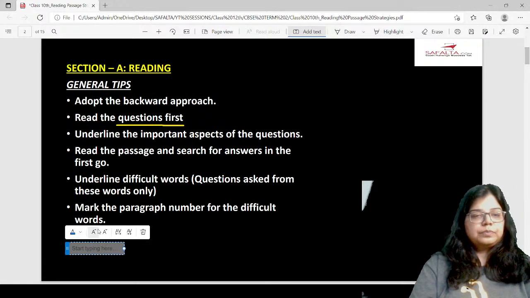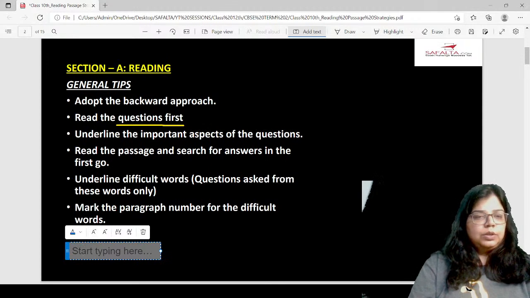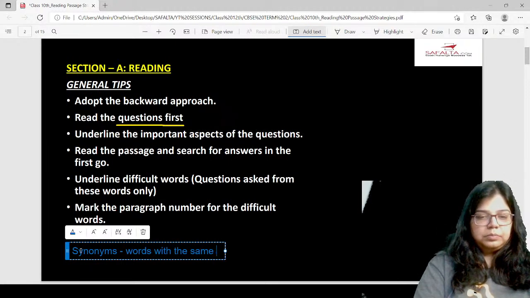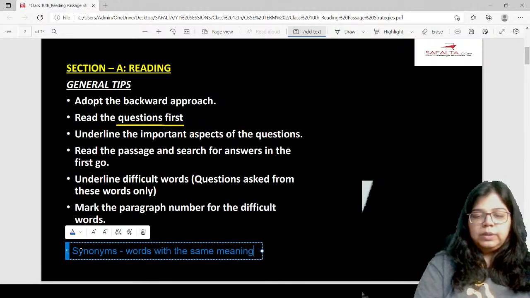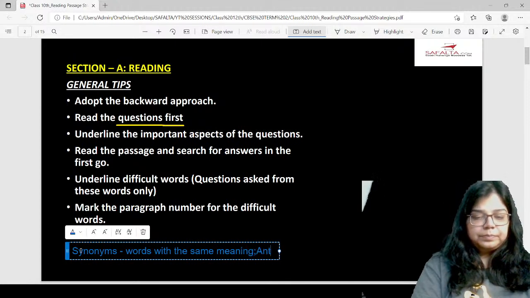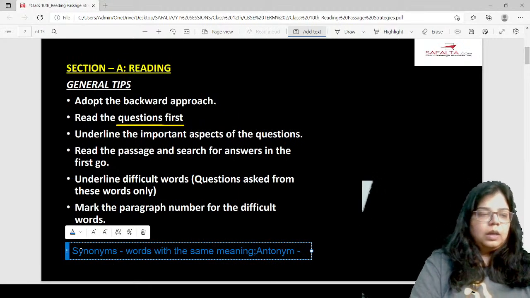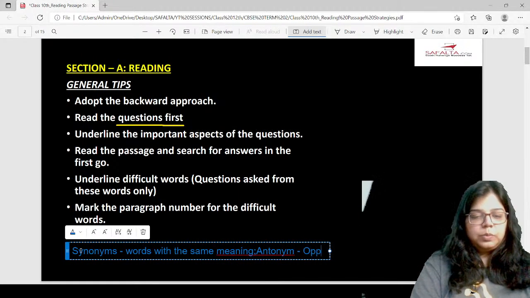Yeah. So synonyms means words with the same meaning, and antonym means opposite words.